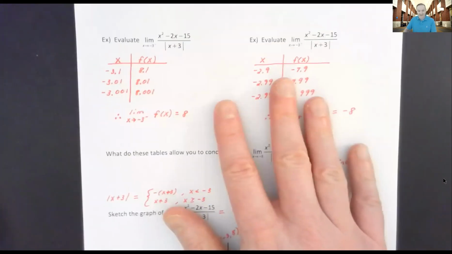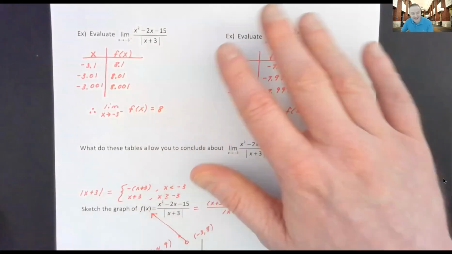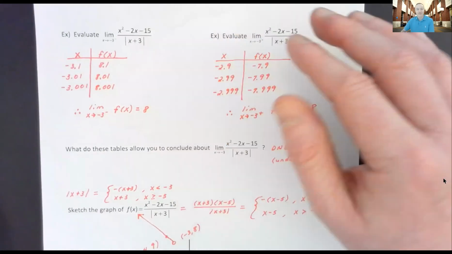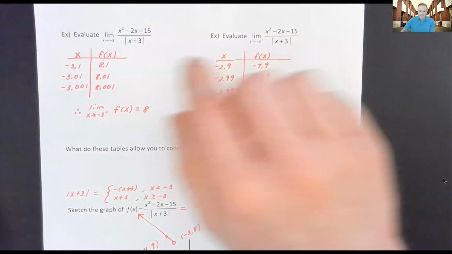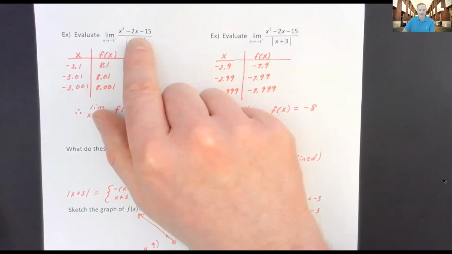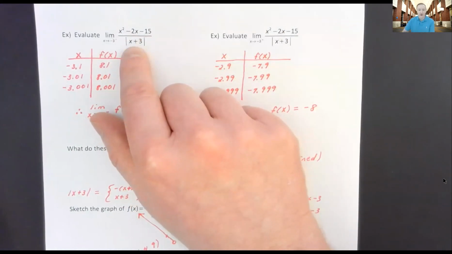Now, let's show a case where that overall limit doesn't exist. There we go. I didn't think it was going to pop up there for a second. So when I'm looking at this, I have x squared minus 2x minus 15 over the absolute value of x plus 3.